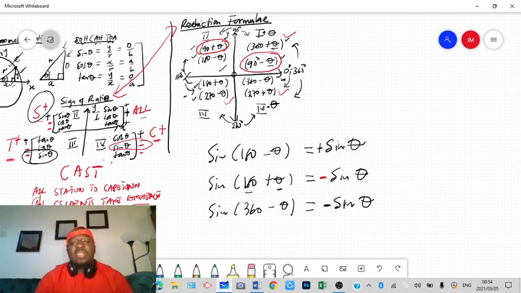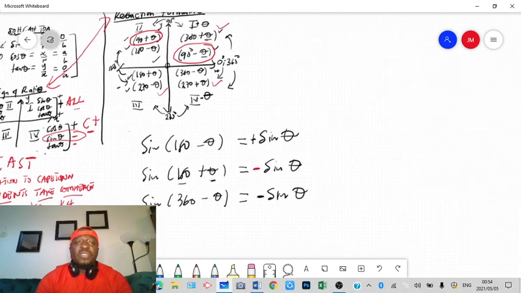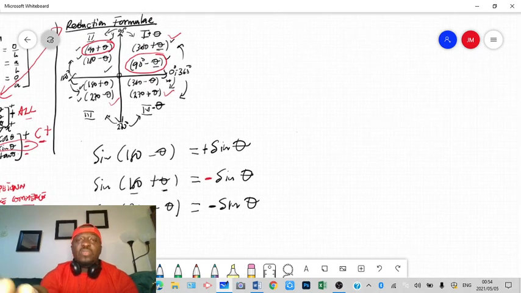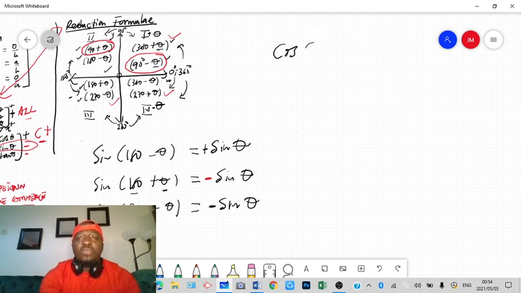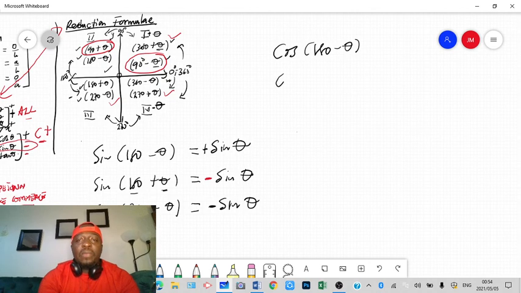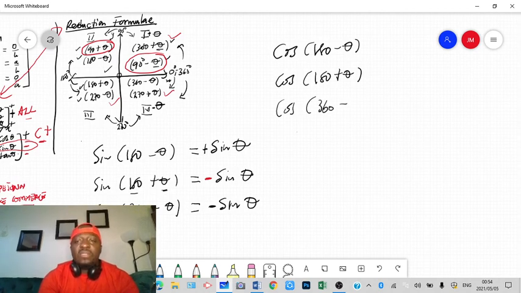So that is sine with the three reduction formulas simplified. Let's take cos: your cos 180 minus theta, your cos 180 plus theta, and then your cos 360 minus theta.